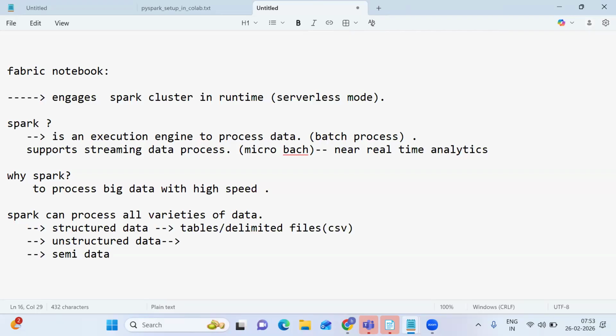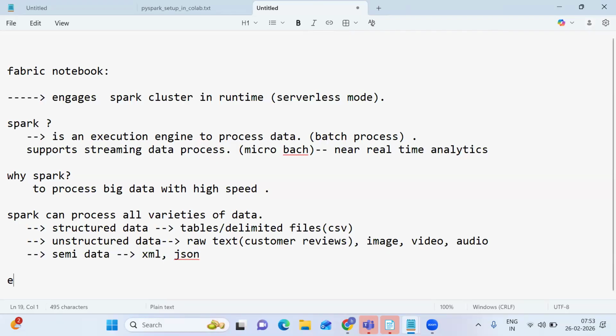Unstructured means raw text, for example customer reviews, and also image data, images, videos, audio files. Semi-structured data is JSON, and old legacy systems still use XML, while the latest systems use JSON. For example, the data source is MongoDB.